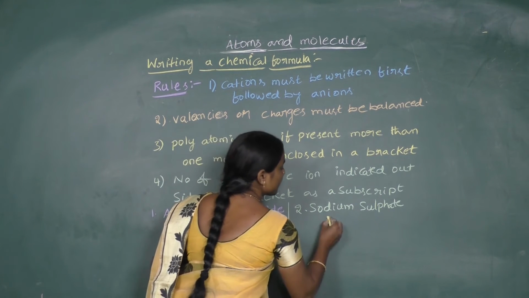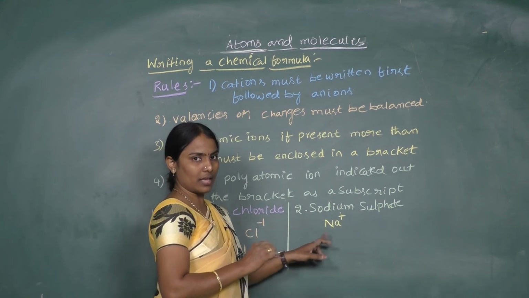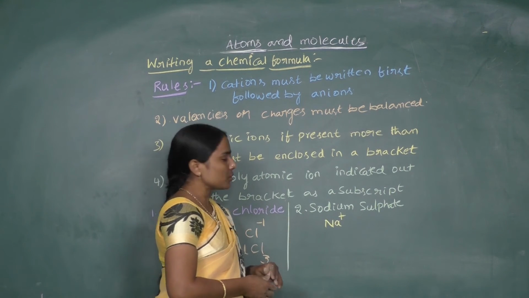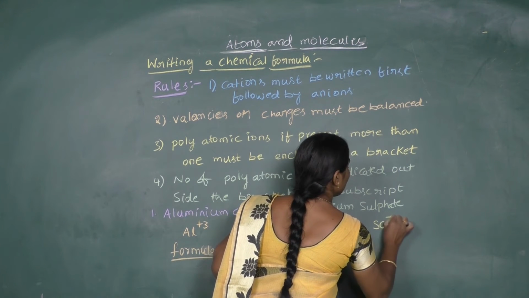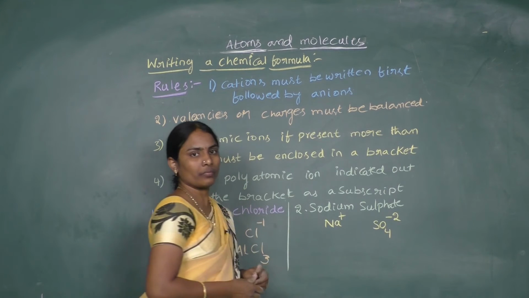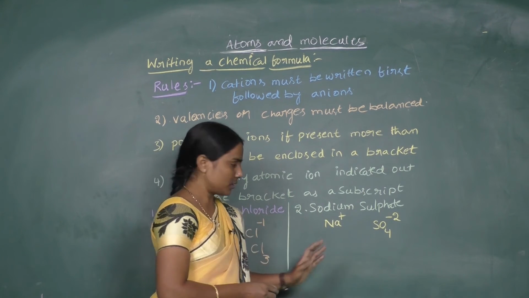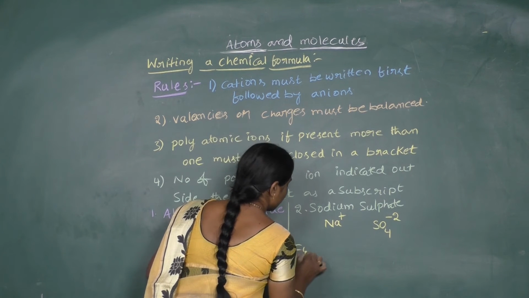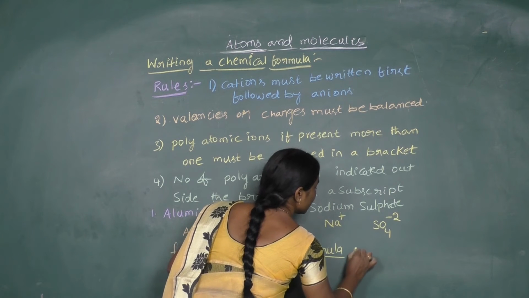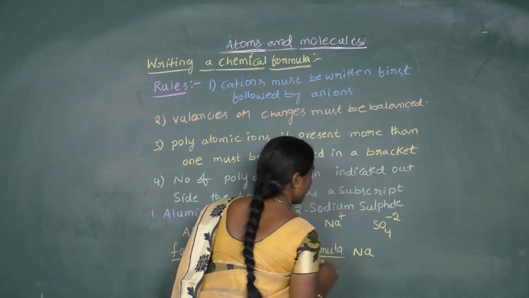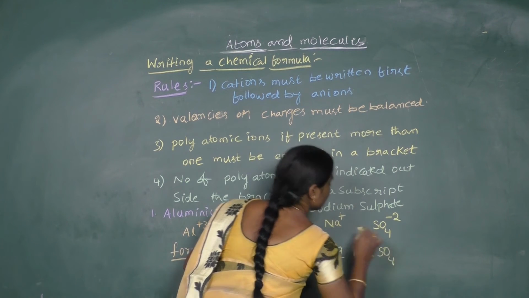The sodium ion symbol is Na+, and the sulfate anion is SO4 -2. First we must write cations. So the formula of sodium sulfate: first write Na, and then write SO4.